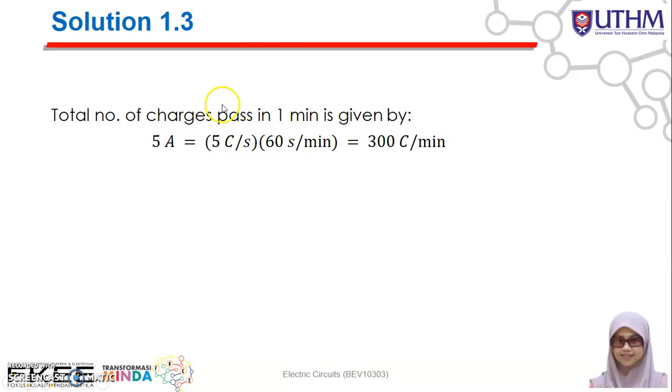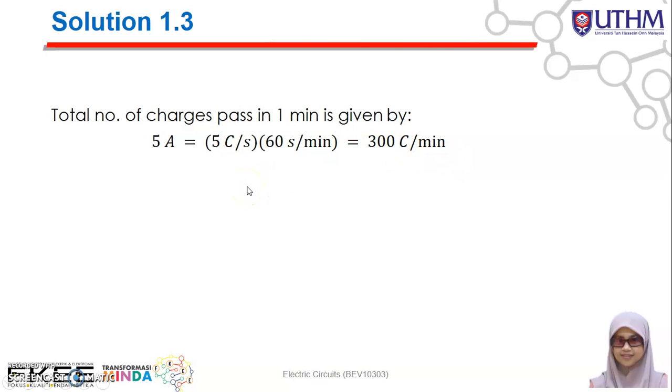So the total charge in 1 minute is 5 ampere, equal to 5 coulomb per second, multiplied by 60 seconds per minute, because we want to find the value in 1 minute. In 1 minute you have 60 seconds, so that's why you multiply 5 by 60, so now you have 300 coulomb per minute.